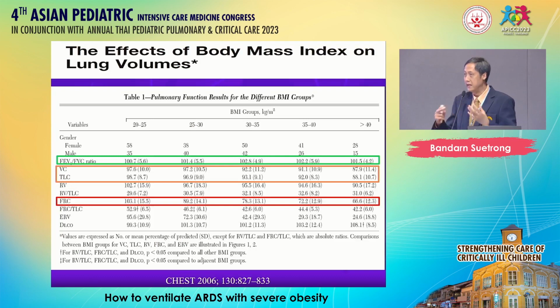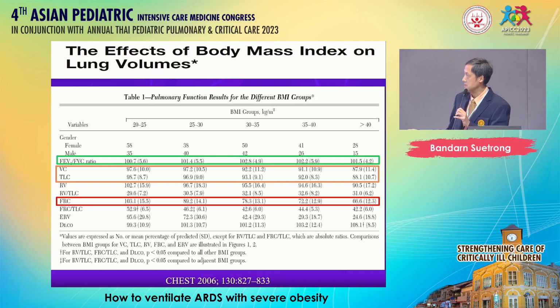If we are facing a patient with severe obesity, BMI over 40, the functional residual capacity, or the lung volume at the expiratory phase, decreases by up to 1/3. So this patient needs a higher PEEP to recruit their FRC to close to normal.